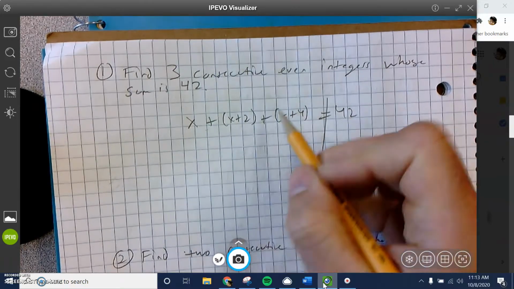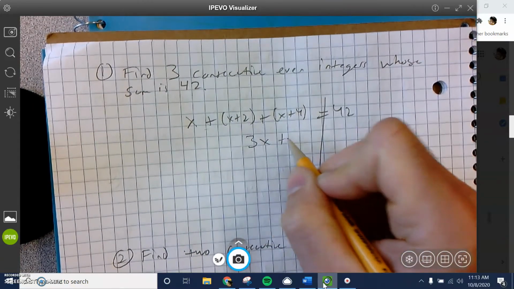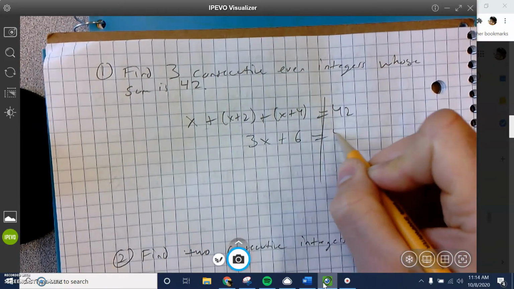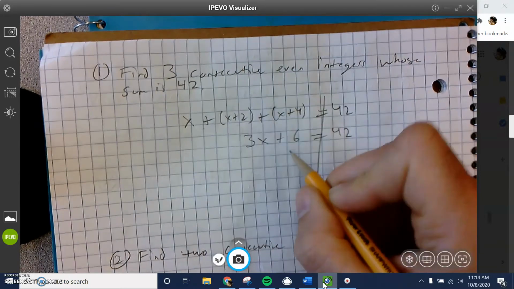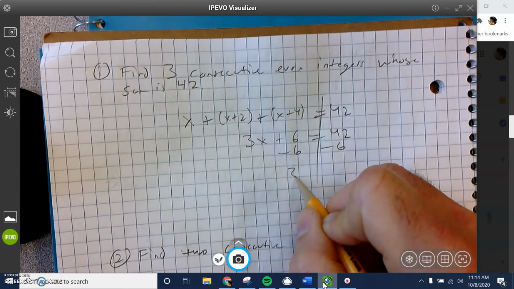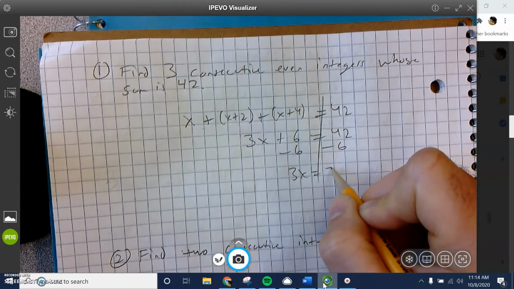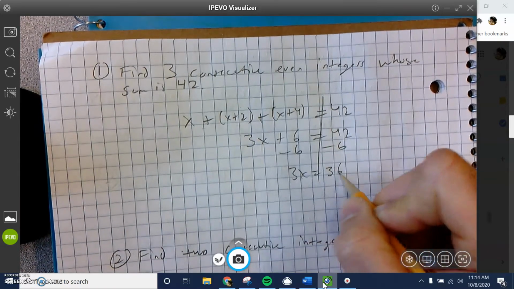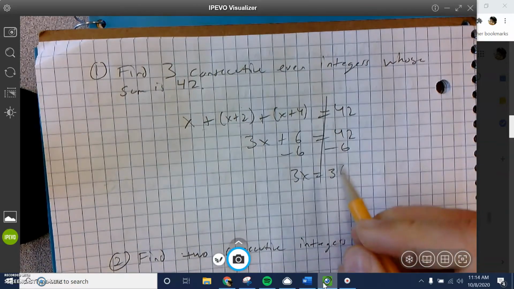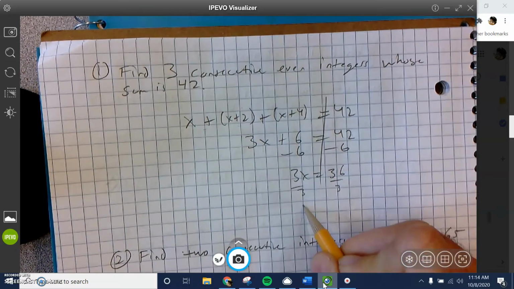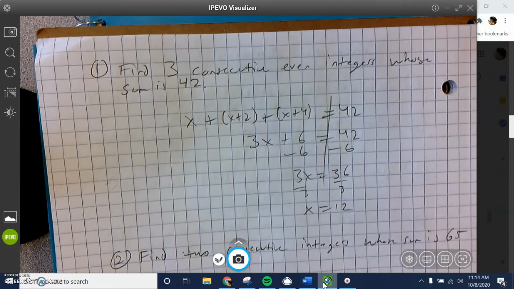So x plus x plus x is 3x plus 6 equals 42. Subtract 6. 3x equals 42 minus 6 is 36. And divide by 3, x equals 12.